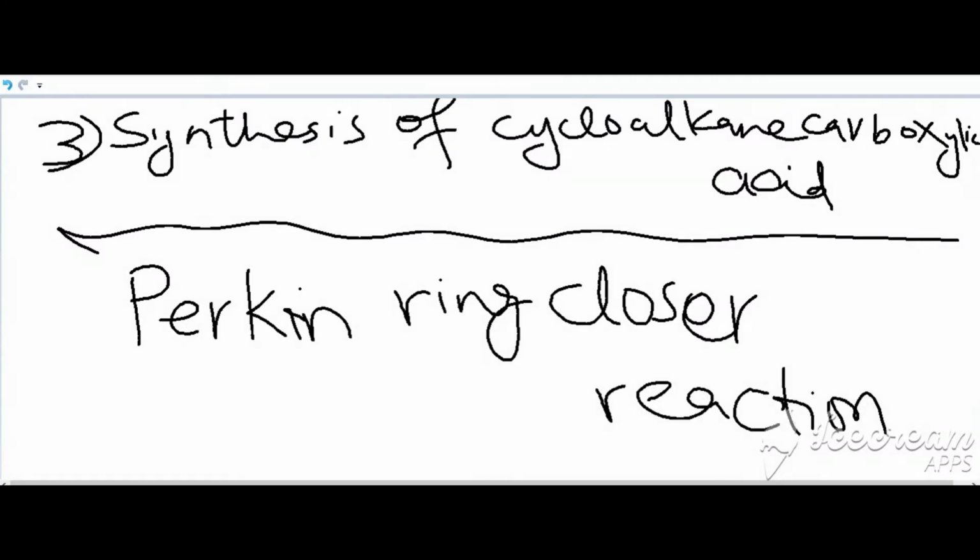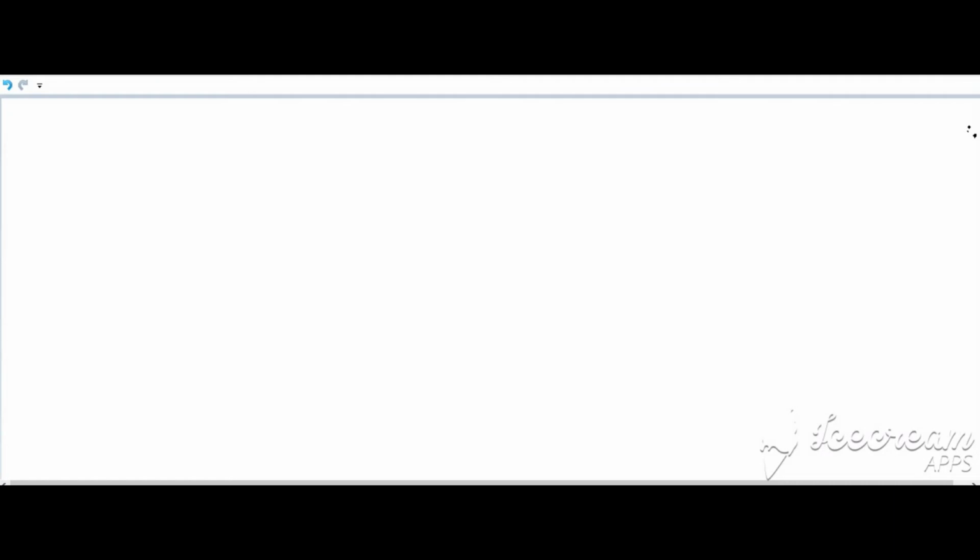In the previous lecture we discussed two syntheses: substituted carboxylic acid and dicarboxylic acid. Now we are discussing the reaction of malonic ester.